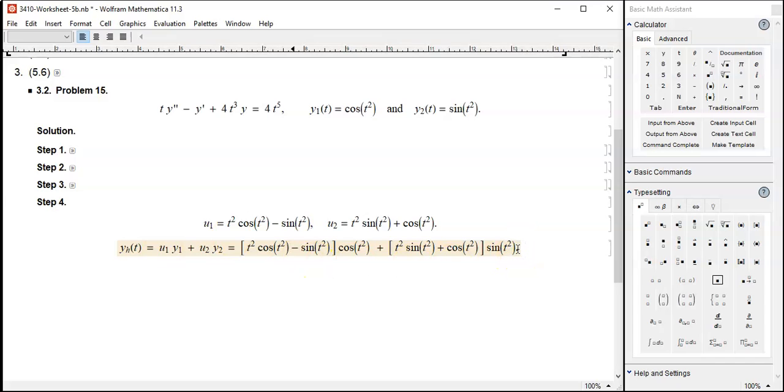Let's see. Maybe some simplification is in order. The t squared cosine squared and sine squared cosine terms are going to cancel each other out, and with t squared sine squared we'll have a lot of cancellations. So we're going to get y particular, yp, excuse me, not yh. Yeah, this should be the particular solution, yp.